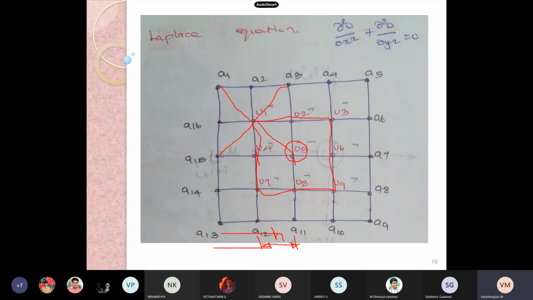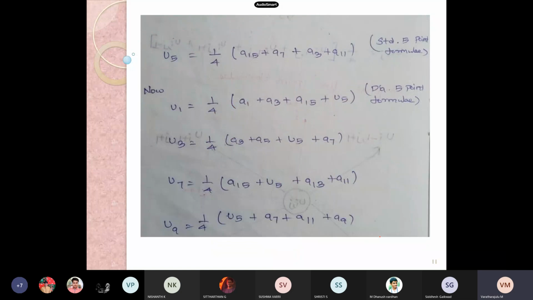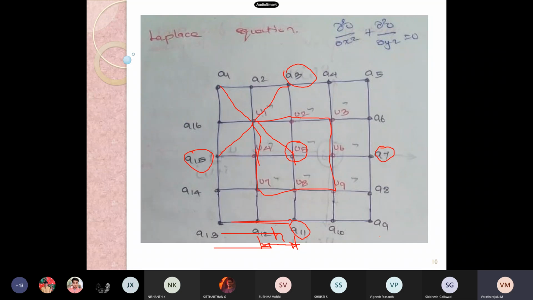U5 can be calculated with the aid of A15, A3, A5, A7 and A11. So we find U5 with the standard 5-point formula.